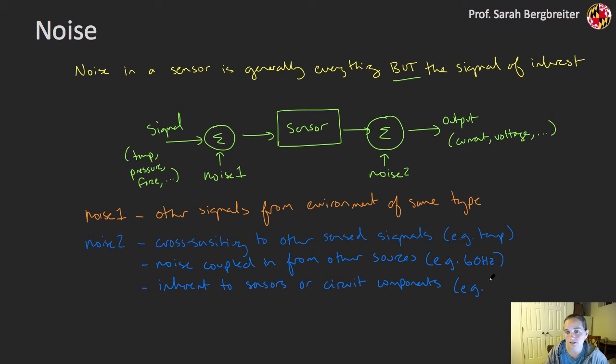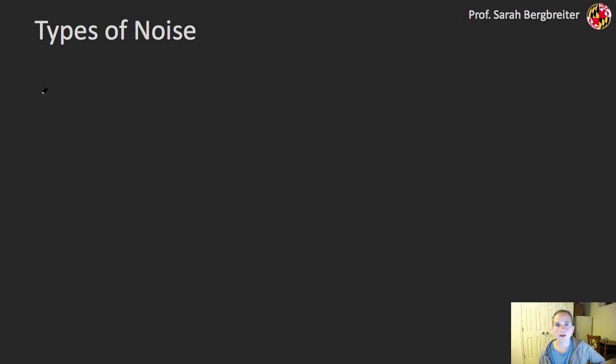And that could be things like thermal noise that would show up, for example, in a resistive sensor, capacitive sensor, any sensor that's operating above 0 Kelvin is going to have some thermal noise associated with it.